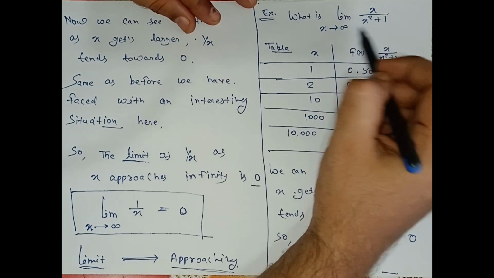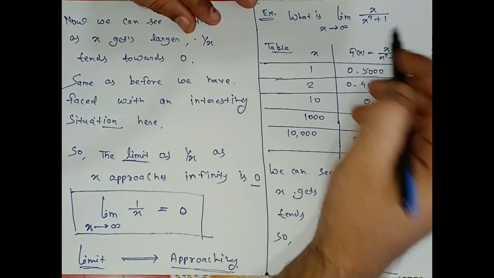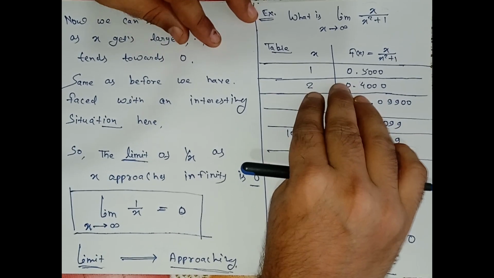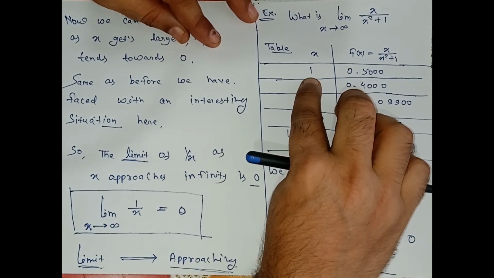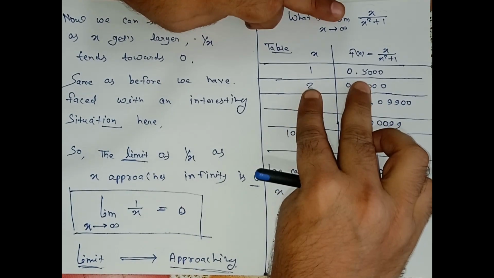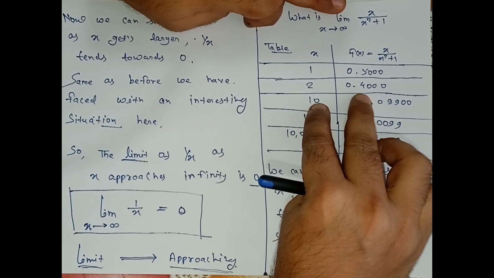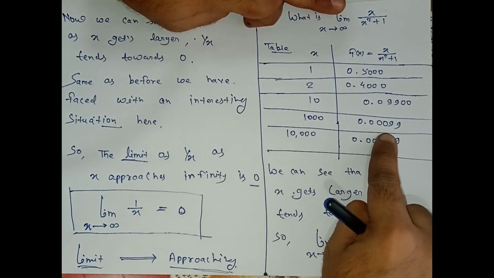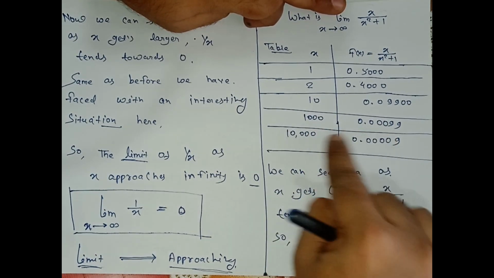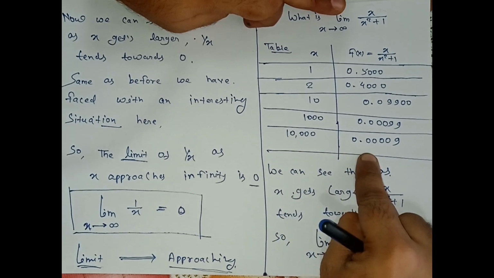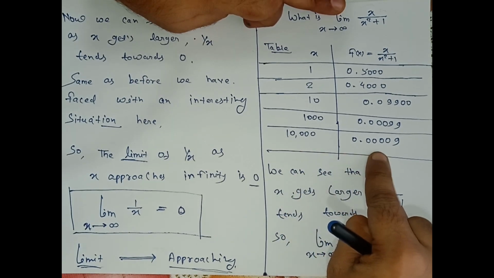We don't know what the value of this function would be, so let's make a table, which I have already made here. When you substitute x equal to 2, you will get 0.2. When you substitute 1000, you are getting the value 0.00099. When you substitute x equal to 10,000, you are getting 0.00009.